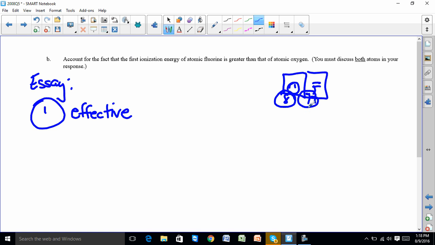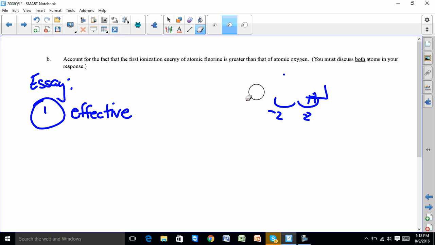So this has an effective nuclear charge of 7, and this has an effective nuclear charge of 6, because the 1s orbital holds 2 electrons. But you can just see that if they're in the same row, the shielding electrons are the same. So the one that has the greater number does have the greater effective nuclear charge.